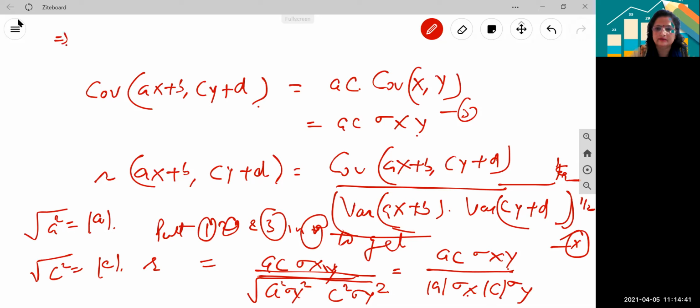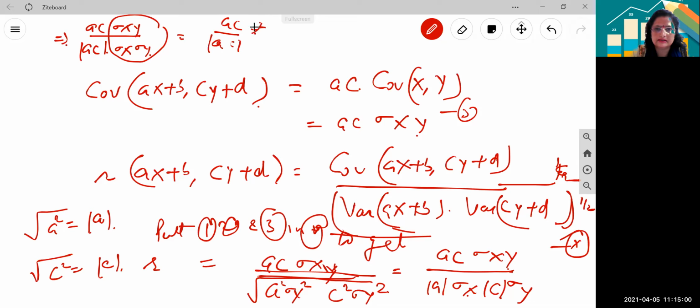So it implies, what do you have, AC into sigma xy upon mod of AC upon sigma x upon sigma y, and this is the formula of Rxy. So AC upon mod of AC, this is nothing but Rxy.